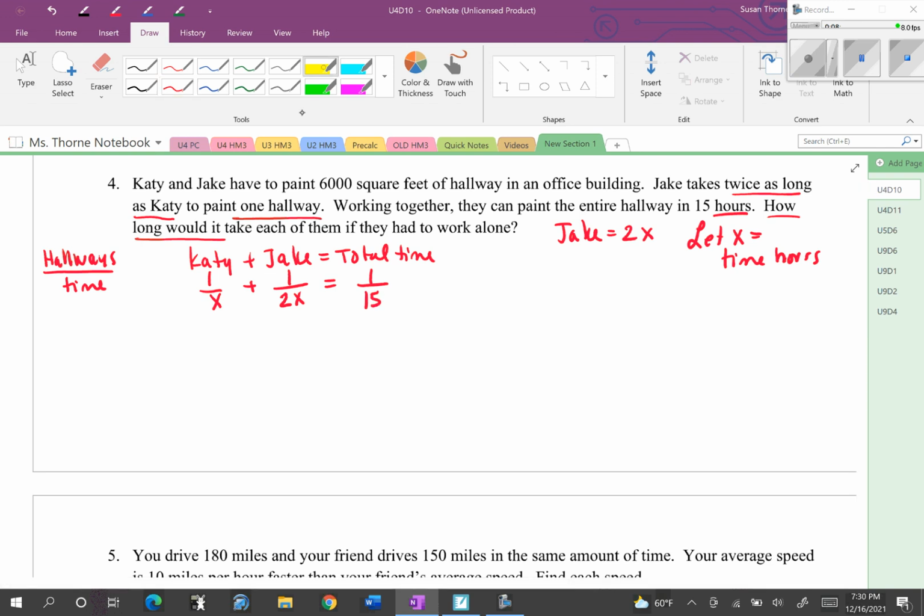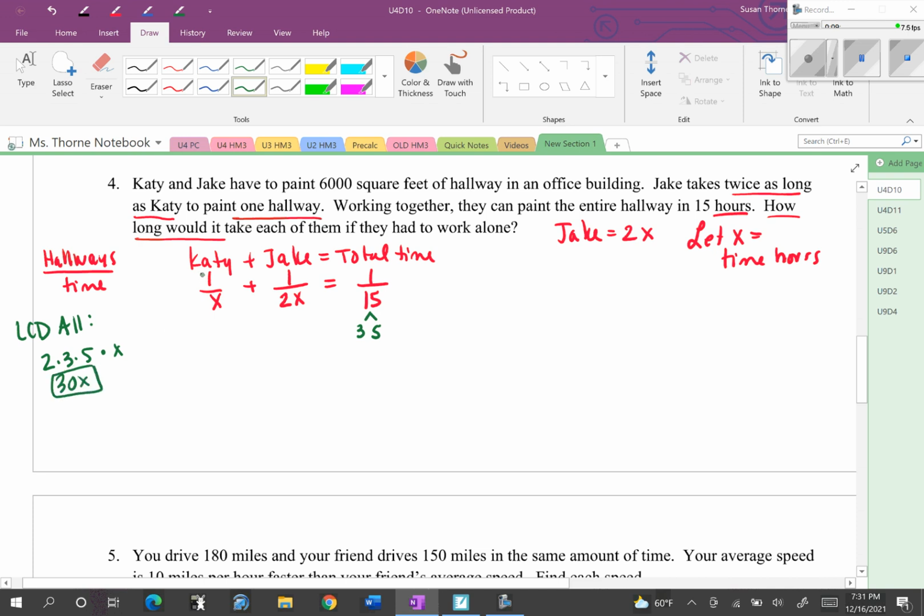So again, you can get one fraction equals one fraction and then cross multiply, or you can find the LCD of all the denominators. I'm going to do the LCD of all the denominators. So we have 15, which breaks down into 3 times 5. So that means we have 2 times 3 times 5 times x for our LCD, which is just 15 times 2 is 30x.